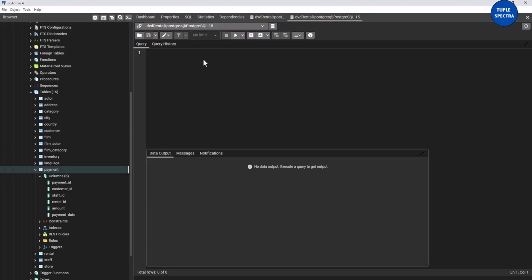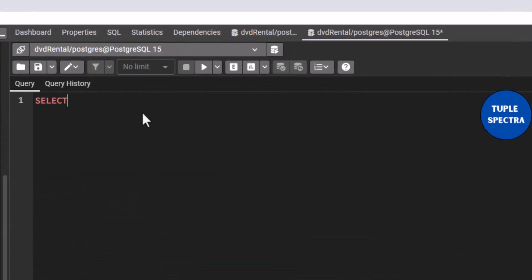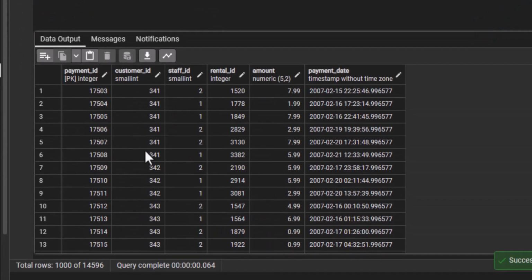So now we are going to be exploring the payment table that is part of our DVD rental database tables. Let us first of all do a select star just to remind ourselves what we have in the payment table. If I run this right here, very good.